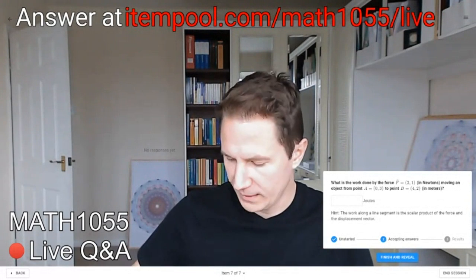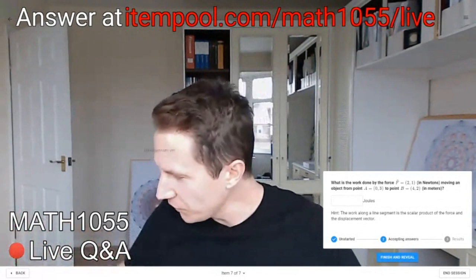And there is the hint telling you that the work along a line segment is nothing but the scalar product of the force and the displacement vector. So the displacement vector is just a vector connecting point A to point B.